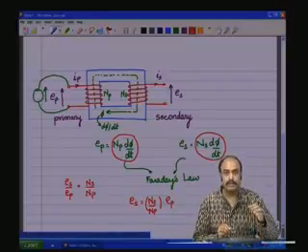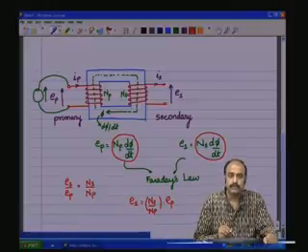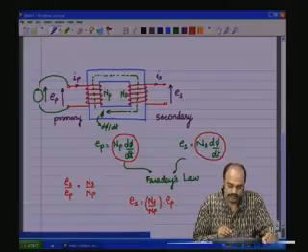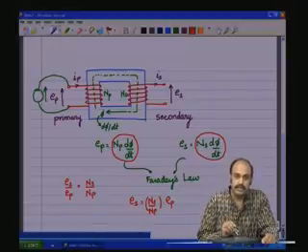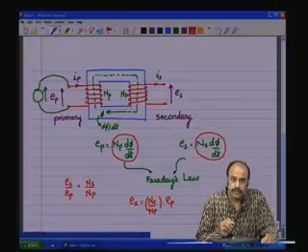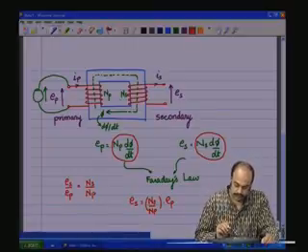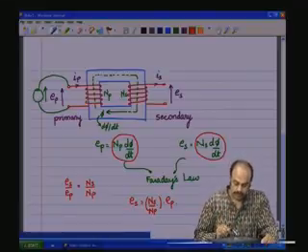So, if there is a primary voltage EP applied across the primary port, and if Ns is the secondary number of turns and Np is the primary number of turns, then the secondary voltage induced across the secondary port Es will be the ratio of the turns Ns by Np into Ep.